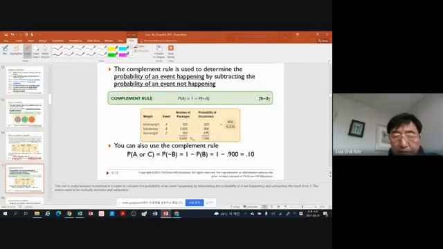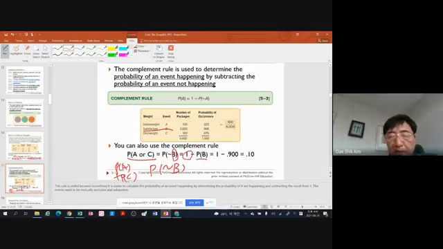So A or C means the other one is not B. This means not B. B is satisfactory, so not B means not satisfactory, which means underweight or overweight. So you don't need to calculate P(A) plus P(C). Another way: the total is 1 minus P(B). Not B means 1 minus P(B). They are mutually exclusive and collectively exhaustive.